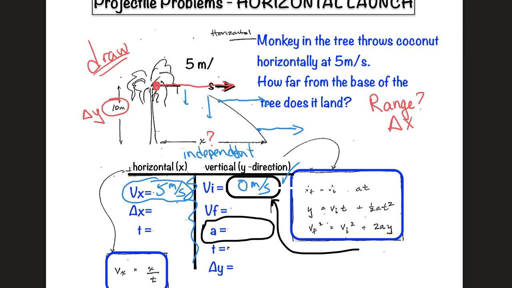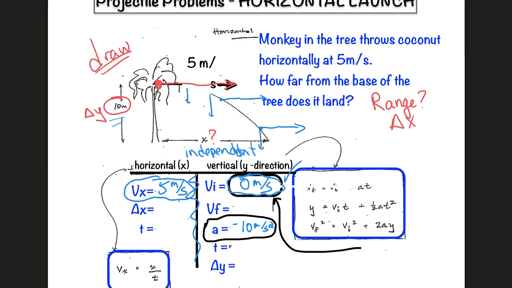Now, it eventually builds up speed in the vertical, but it always starts at 0. The acceleration due to gravity is negative 10 meters per second every second, so we write that as negative 10 meters per second squared. And the delta y, which was in the picture, it's not in the writing, is a drop of negative 10 meters. And most of you have that from class.